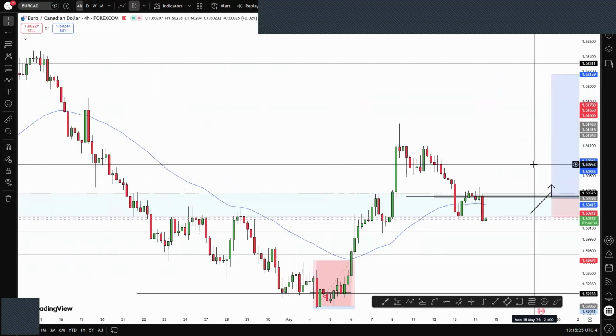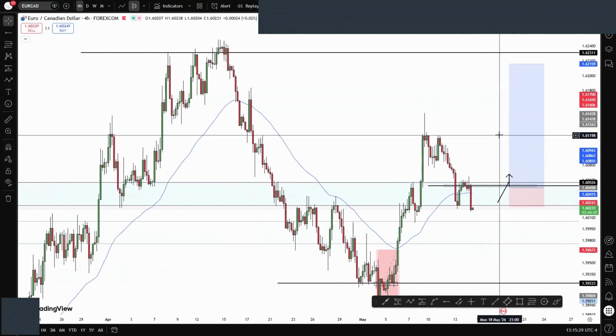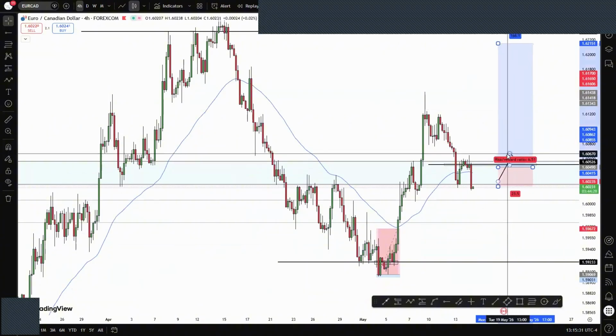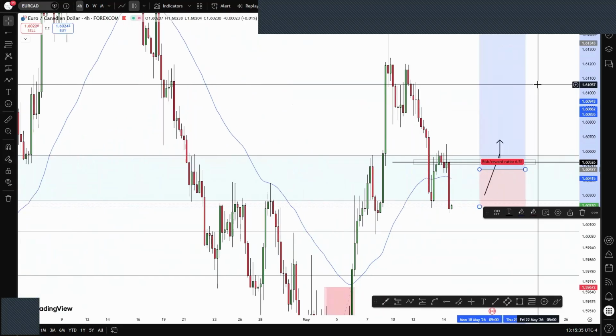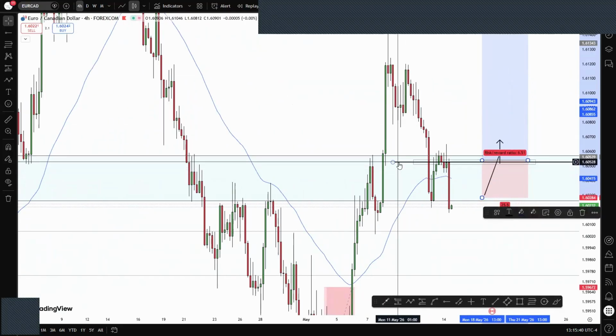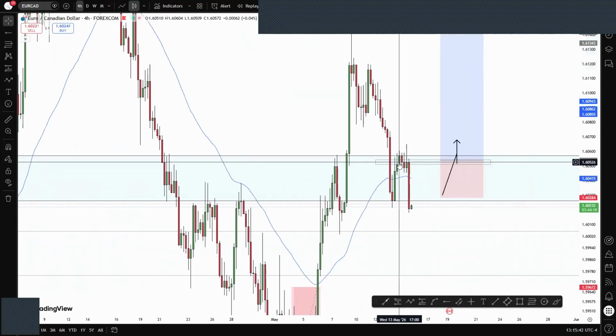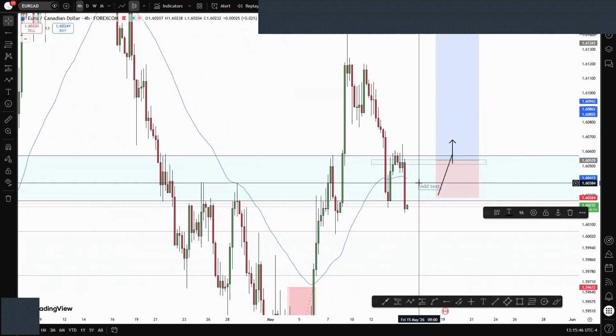But it would require some level of patience, and we'll just watch and see what happens. So here what we can simply type is waiting for daily bullish candle close.